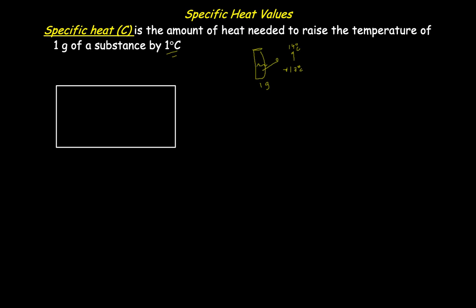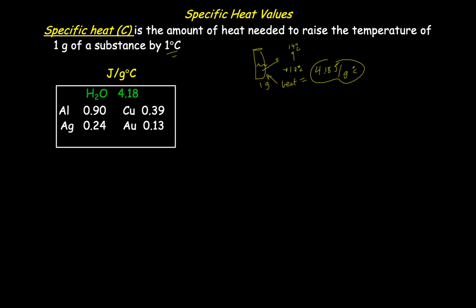You put a little candle under that, you'd add some heat, and that would be 4.18 joules. So it would take 4.18 joules to raise 1 gram of water a Celsius degree. And that's where we get that from.